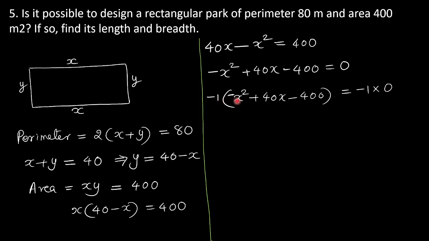Minus 1 into minus x square is x square. Minus 1 into 40x is minus 40x, minus 1 into minus 400 is plus 400, and minus 1 into 0 is 0.